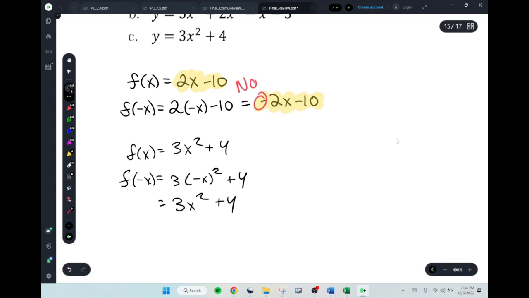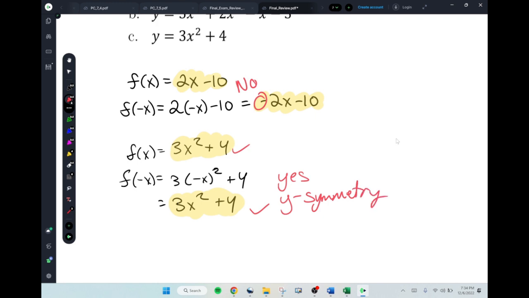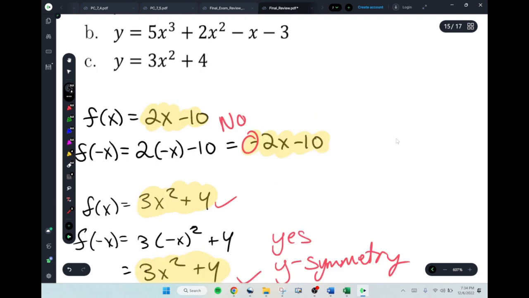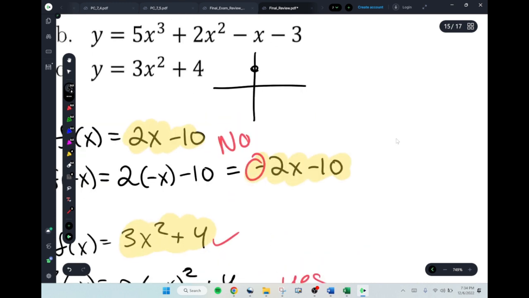Are those the same? Oh, shoot. So guess what that is? That is y symmetry happening for that third one. Does that make sense that it's y symmetry? Let's think about the actual equation. That's a happy parabola that starts at 4, isn't it? Should that be symmetric around y? Yeah, because it's just a normal parabola starting at 4. That makes total sense that it should be.